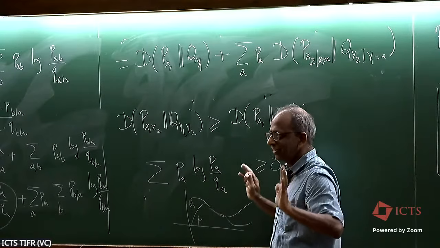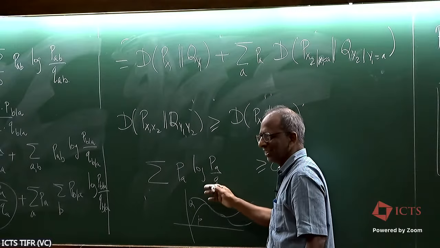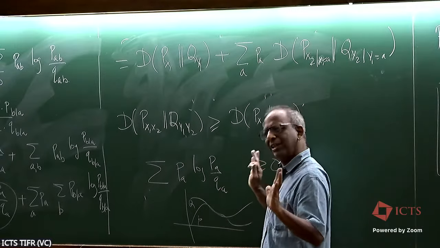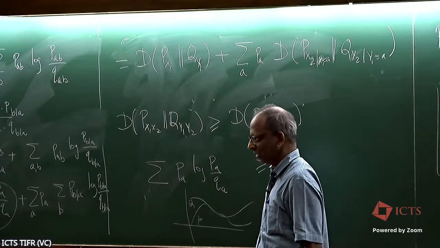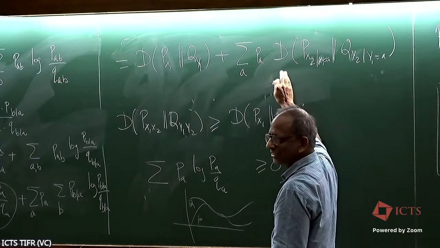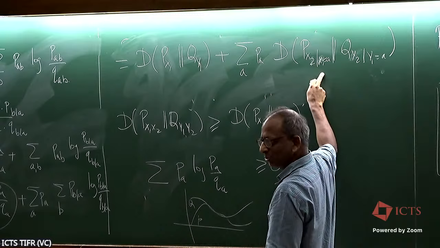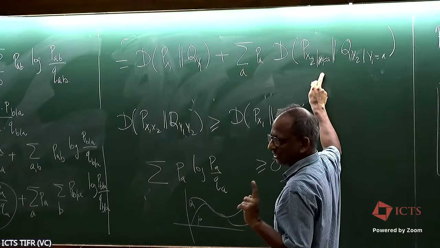But nevertheless, Gibbs inequality tells us that there are negative terms here, but overall, it will always be non-negative. So indirectly, we are using Gibbs inequality in proving this, because that is how we know these quantities are greater than or equal to 0.